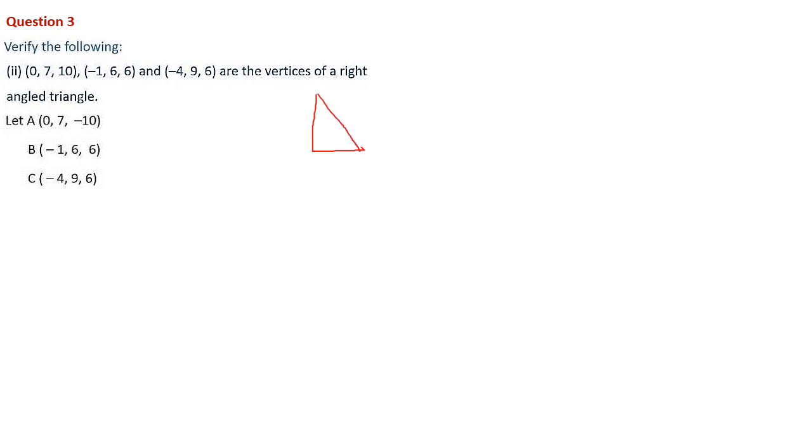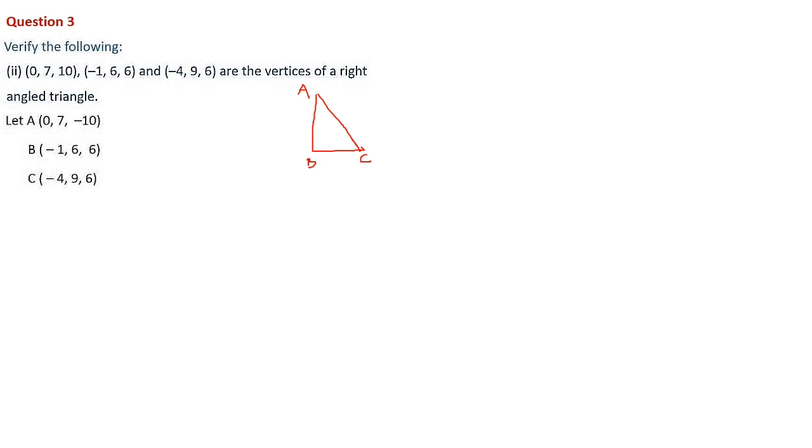A right angle triangle means this is the way it comes, maybe A, B and C. Now we are not clear about which vertex will form the 90 degree angle, that we don't know. But here we are keeping B simply for finding out the lengths AB, BC and AC. First we have to calculate the length of AB, second BC, and the third AC.